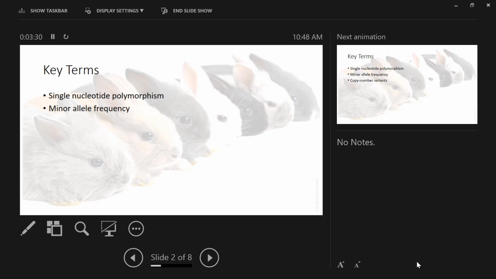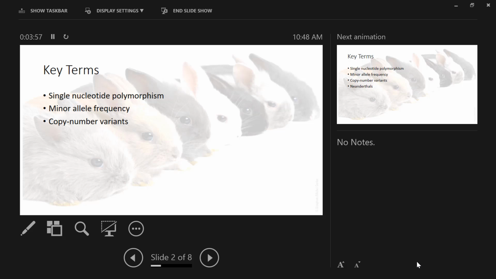Yeah. Now, lo and behold, we have what are called copy number variants. And this is where you actually have a chromosomal mutation. It's not a point mutation. It's not switching a purine for another purine or a purine for a pyrimidine. This is where you have a chromosomal mutation, a deletion, a duplication, an inversion.